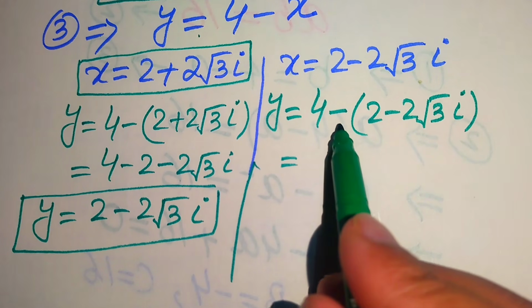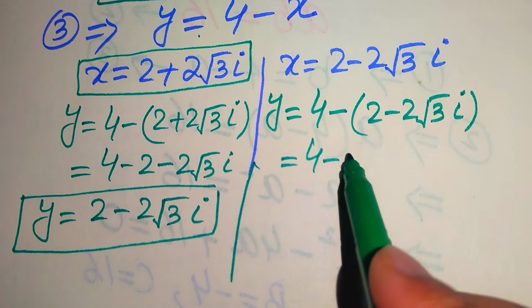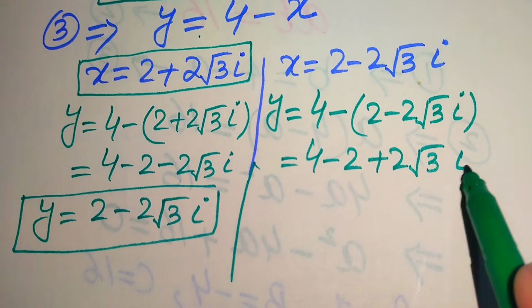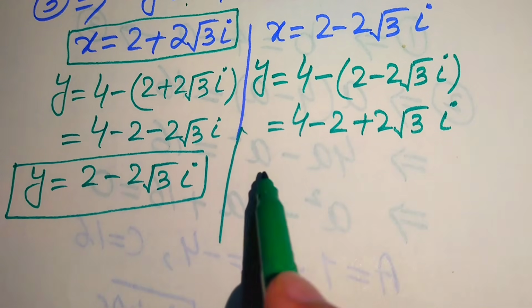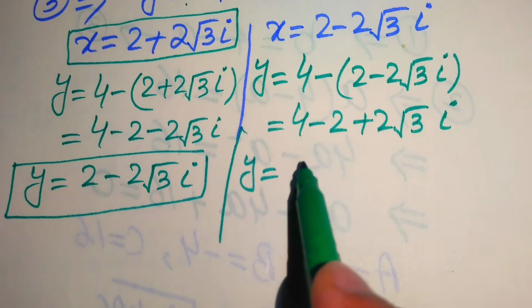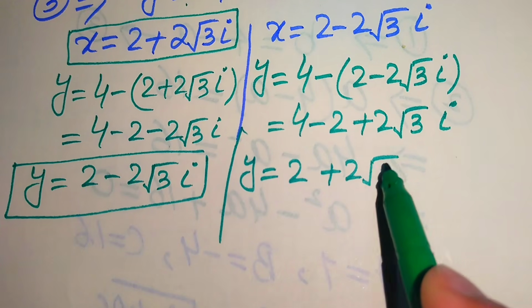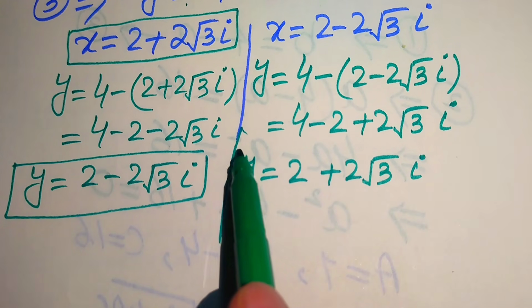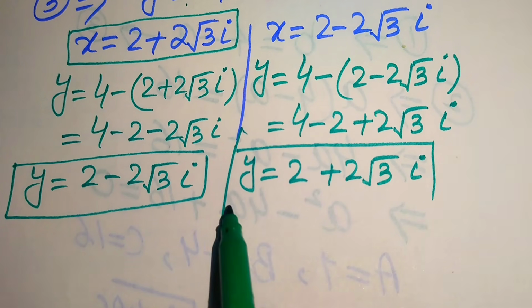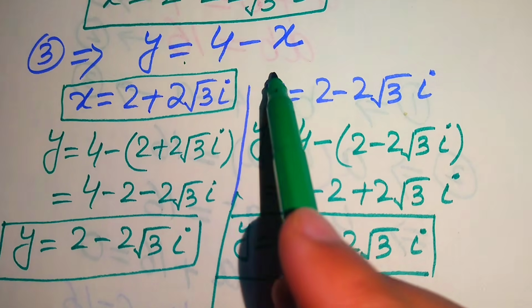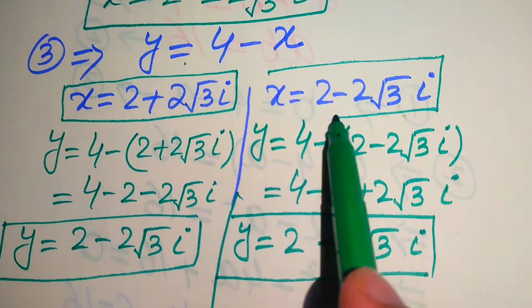Further we multiply the negative sign on each of these values and it becomes 4 minus 2 plus 2 times the square root of 3 into iota. So we have y equals 4 minus 2 becomes 2 plus 2 times the square root of 3 into iota. This is the other value of y corresponding to this value of x.